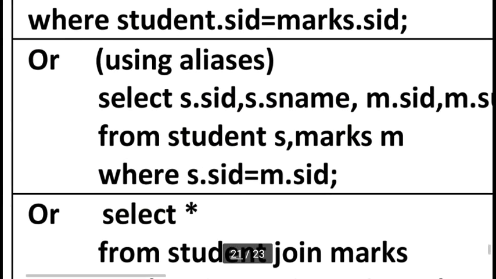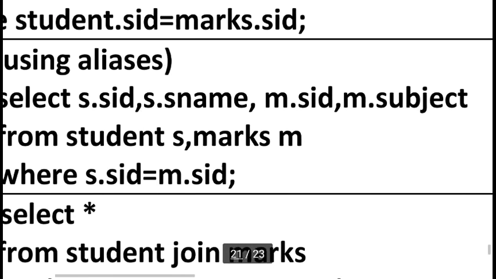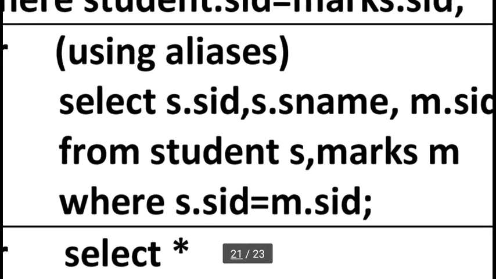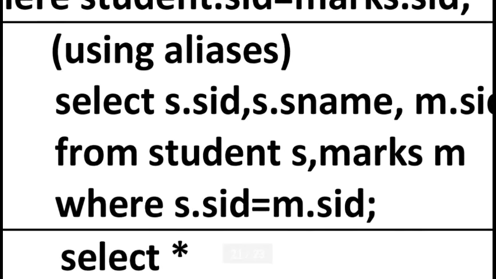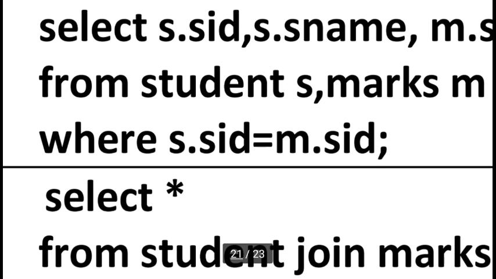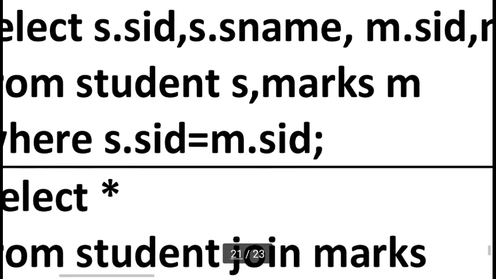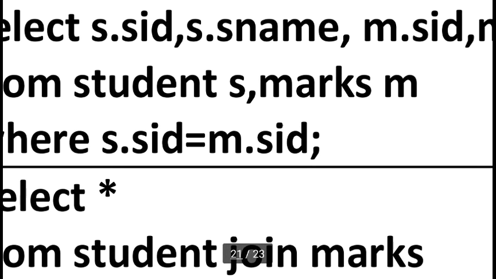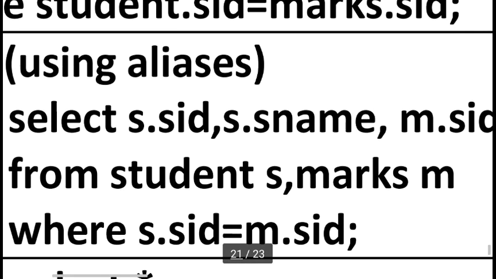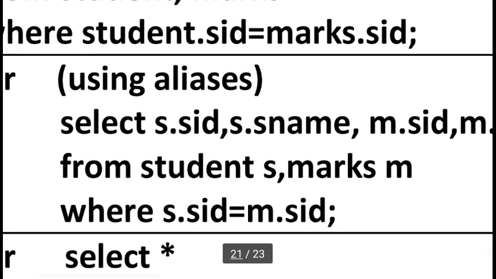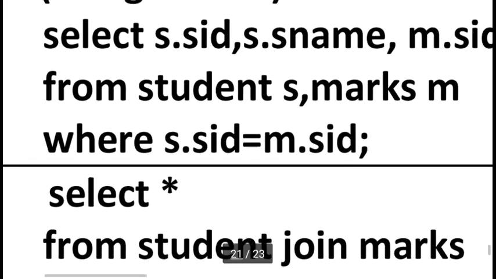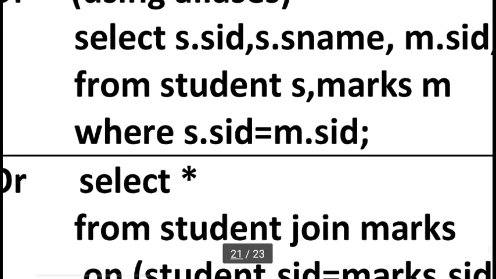The same query we can write another way. We can use select s.sid comma s.sname, m.sid, because we can use aliases for a table name. You can see from student S comma marks M. So the temporary student table has the new name S and the marks table has the new name M. We can use these aliases to select a particular column of a particular table, where s.sid equals m.sid.